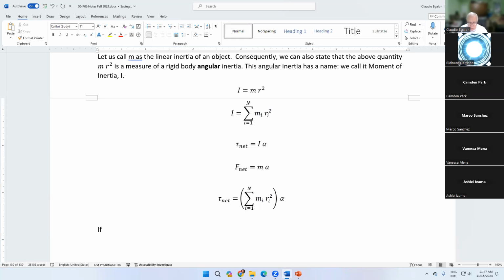If you want to calculate the moment of inertia of several point masses rotating about a fixed axis, okay?